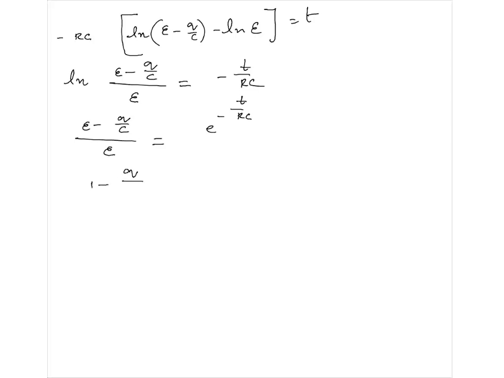Splitting the left side, e to the power minus T by RC. This is CE. Well, that's the final result, you can say.